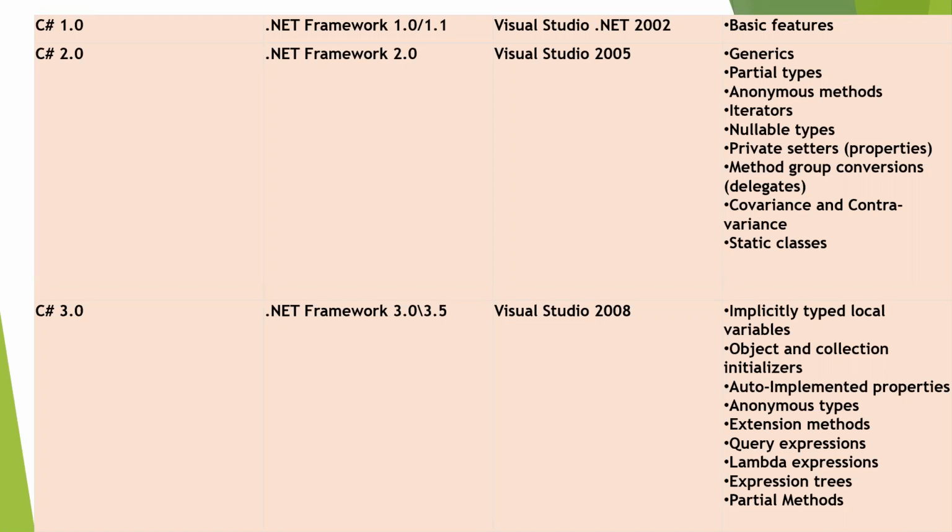Later, in 2005, they came up with .NET Framework 2.0, that is C Sharp 2.0, with generics, partial types, anonymous methods, iterators, and nullable types.